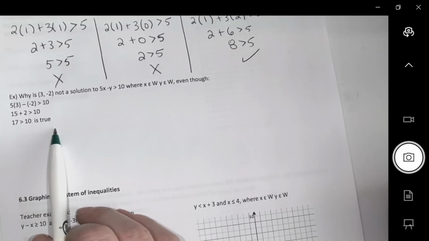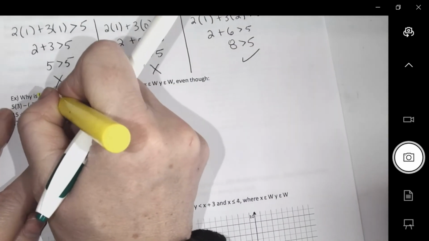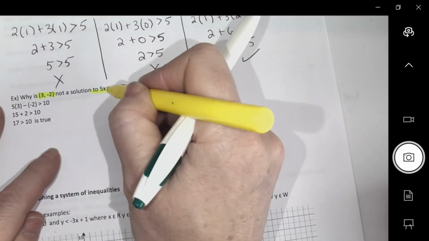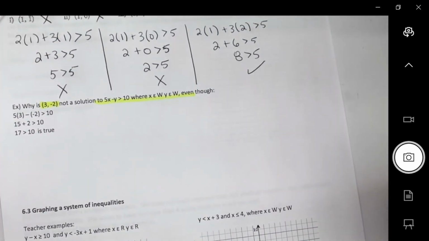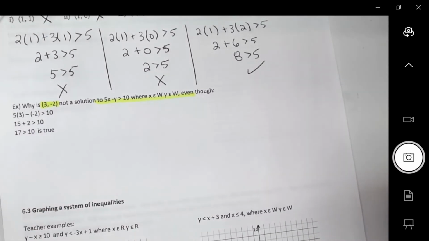That was true, but why is this coordinate not a solution? Why is this coordinate not going to work for this example? Anybody see why it's not going to work?